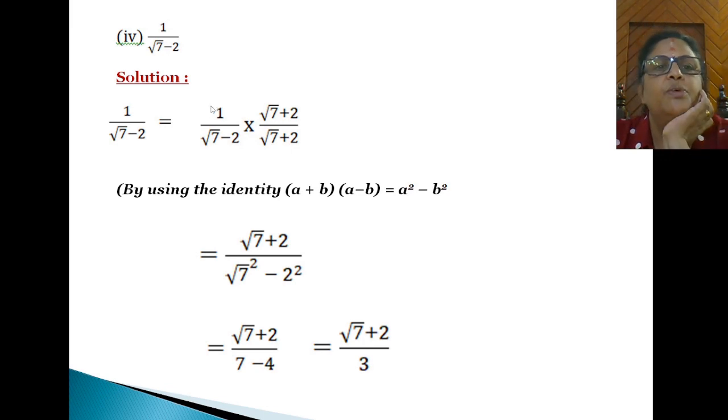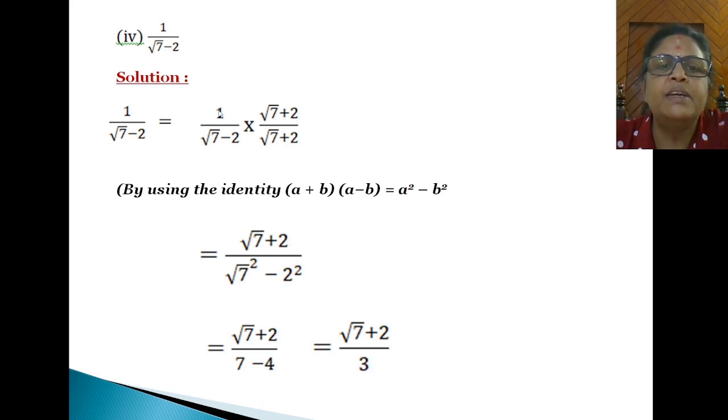Next one, 1 by root 7 minus 2. Here we will multiply the numerator and denominator by root 7 plus 2. So 1 into root 7 plus 2 is root 7 plus 2. Here it is (a minus b) into (a plus b). A squared is root 7 squared, b squared is 2 squared. 2 squared is 4, root 7 squared is 7, 7 minus 4 is 3.